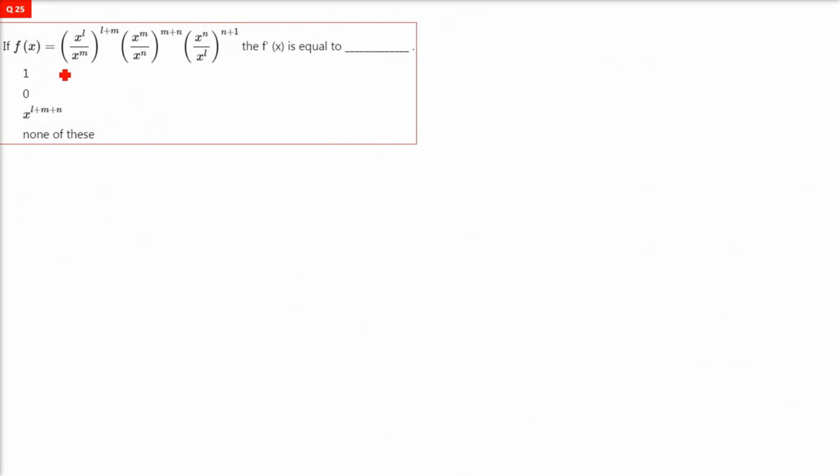f x is equal to this term. Now this term, at first glance, may seem typical. But it is not. How? You see, we have a proper algebraic understanding. So x to the power l divided by x to the power m: when x to the power m goes up, it will be x to the power minus m, so when you add, it will be x to the power l minus m.